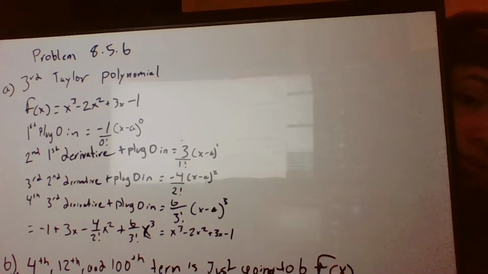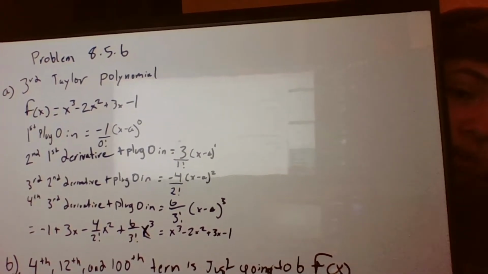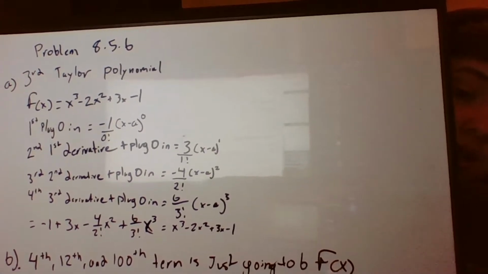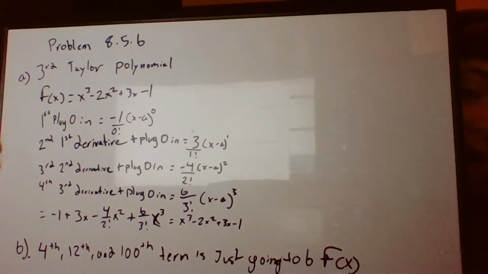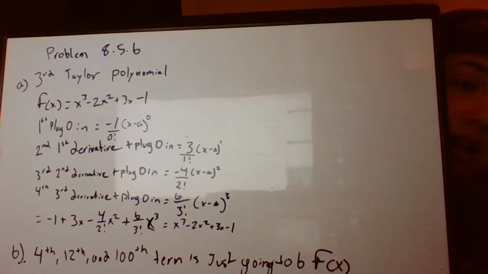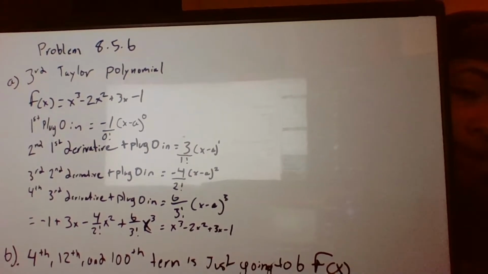It just looks different. We get x cubed minus 2x squared plus 3x minus 1. It's just backwards, pretty much. And if we take the fourth derivative of it, we would get 0. We'll get to that later in part B.